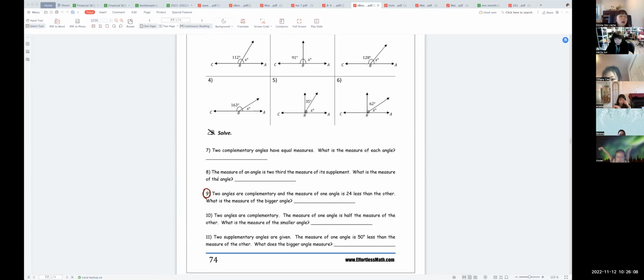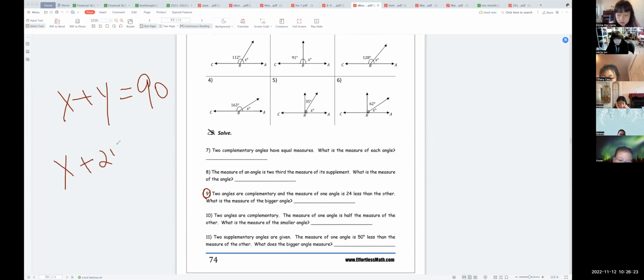Okay, so let's take a look at number 9. Two angles are complementary. That means what? X plus y equals what? 90. Okay, and the measurement of one angle is 24 less than the other. So that means x plus 24 equals y. So how do we do it? Replace y, because x plus 24 equals y. So we can replace that.